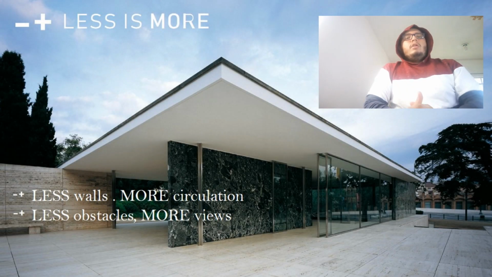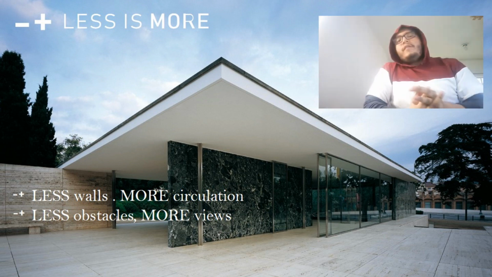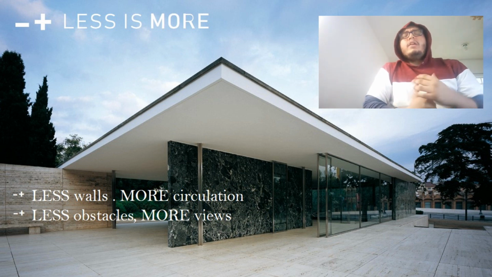Less is more. To talk about this famous phrase of the architect, we have to make a relation with some of his architectural masterpieces, called the Pavilion of Barcelona, built in Germany in 1989.